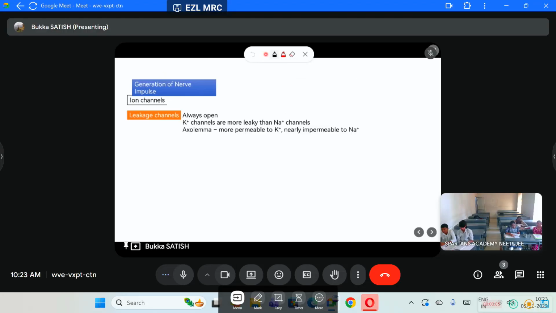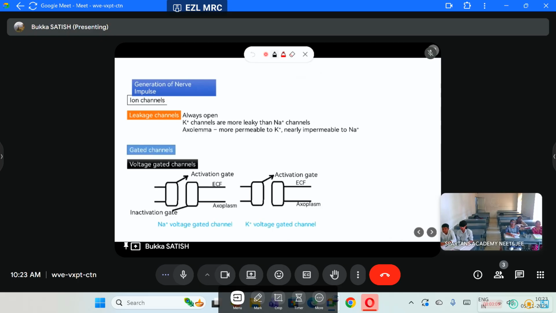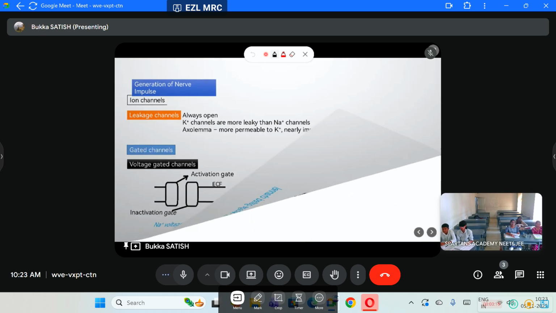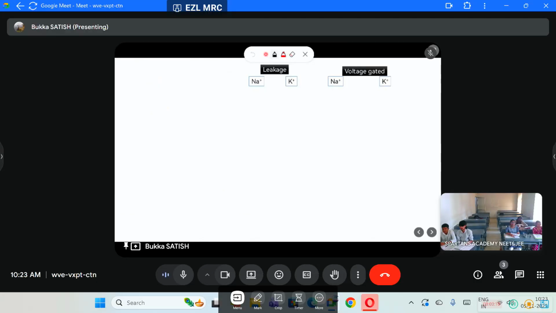These things you have already noted down, right? Leakage channels as well as voltage gated channels are clear, right? Okay. So then just write a table like this. What we are going to see here is the condition of leakage ion channels and then voltage gated channels, and what kind of changes they will be undergoing.